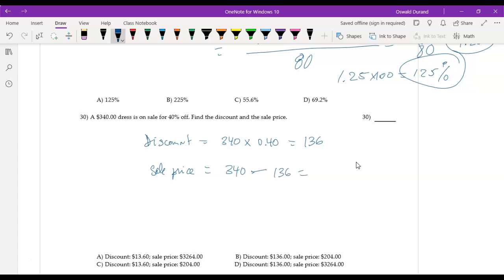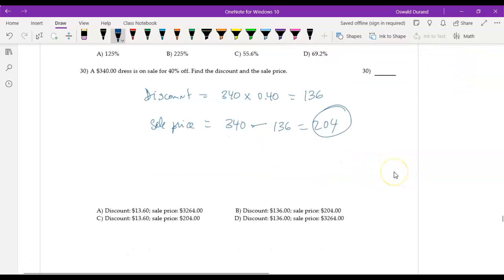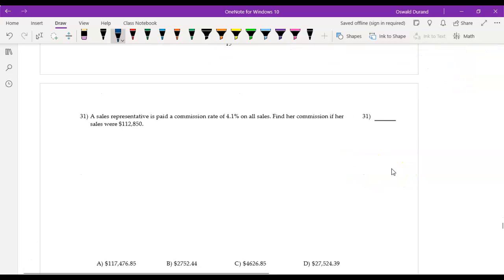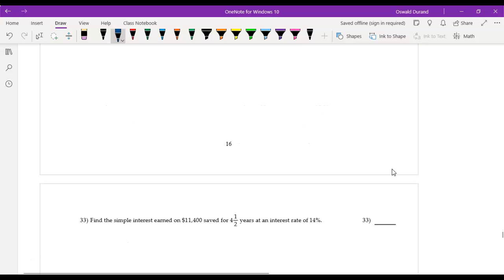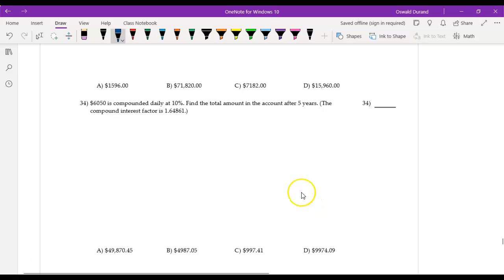So 340 minus 136 is 204. And that's it. That's how you calculate the sale price. All right, let's do maybe two more.